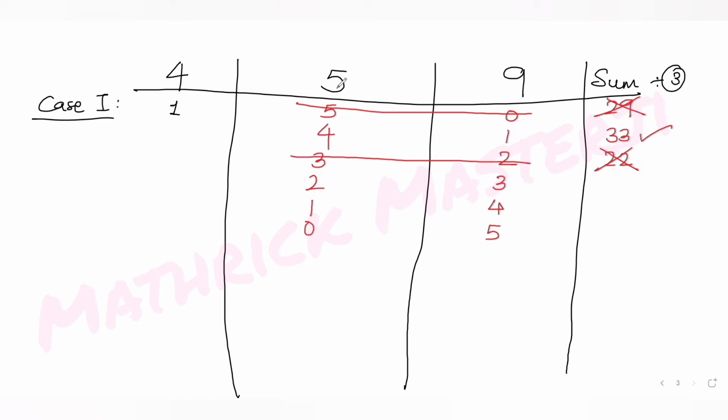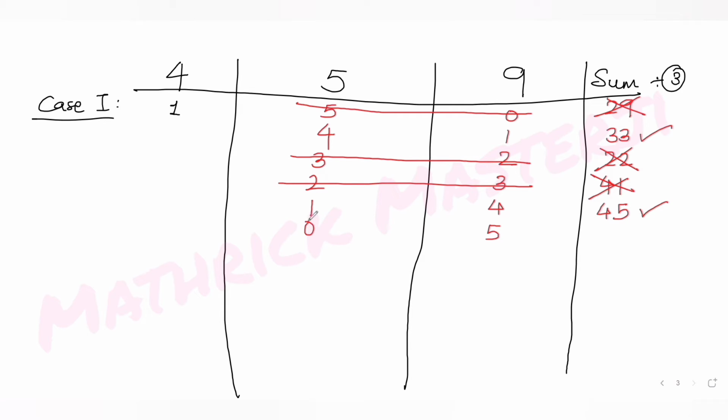Next, two 5s, so 10, and three 9s, so 27. 27 plus 10 is 37, and 37 plus one 4 is 41. Not divisible by 3. One 5, so 5, and four 9s, so 36. 36 plus 5 is 41, and one 4, so 45. This combination is also possible because it's divisible by 3.